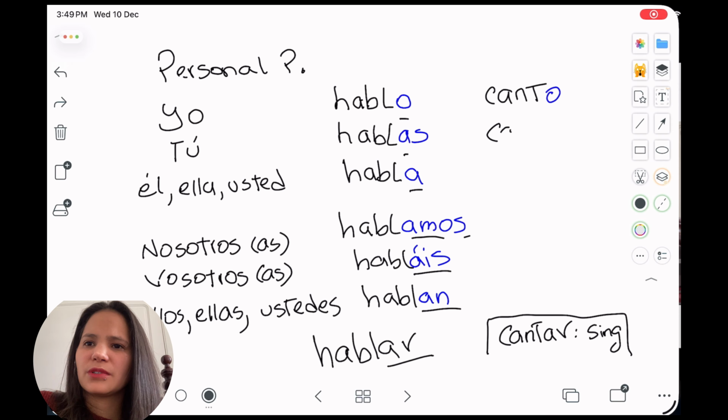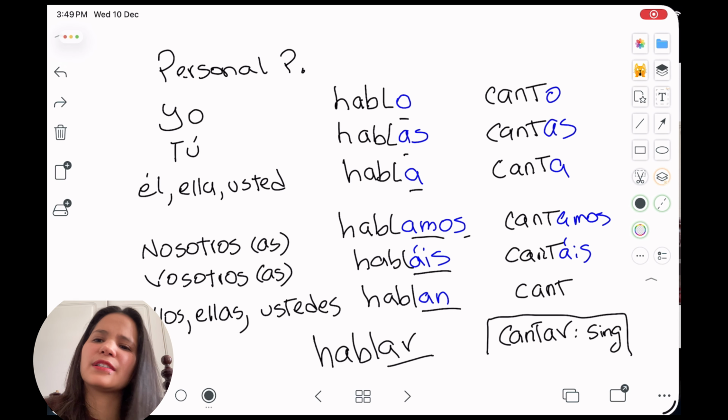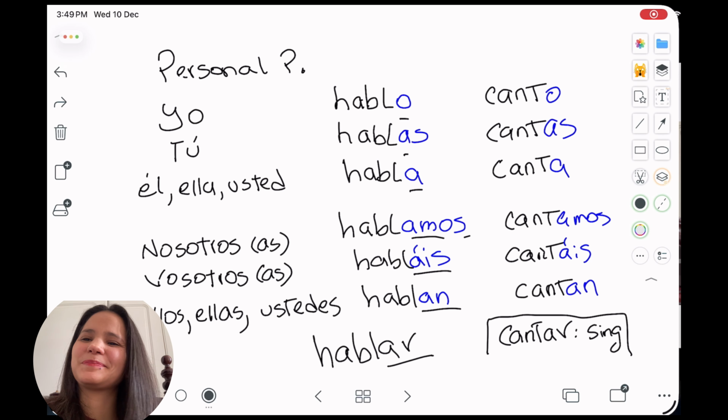Yo canto, tú cantas, él, ella, usted canta, nosotros cantamos, vosotros cantáis, and ellos, ellas, ustedes. Yeah, you got it. Cantan.